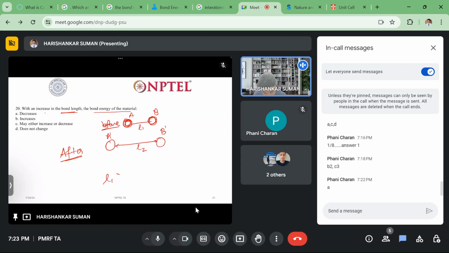If L1 is less than L2, let's say the bond energies are E1 and E2.